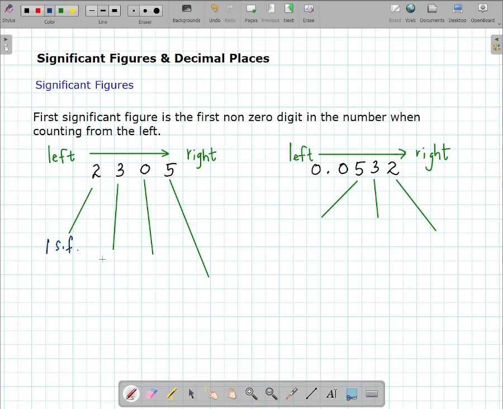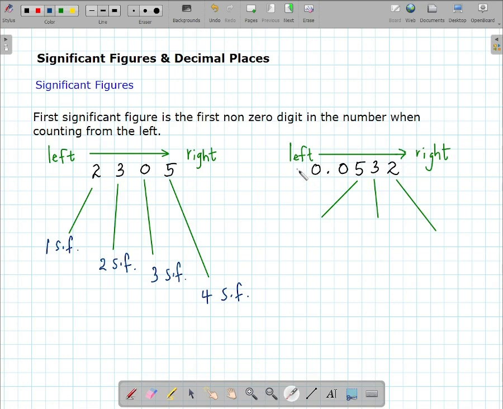Then 3 is the second SF, 0 is the third SF, and 5 is the fourth SF.